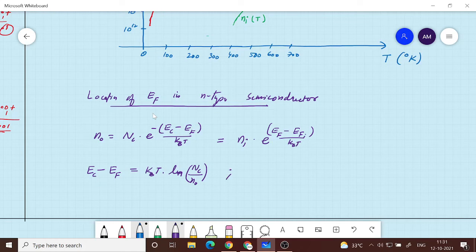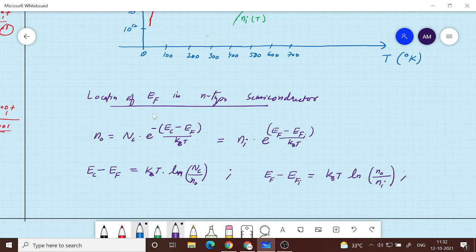Or I can specify EF with respect to how much it is above the intrinsic Fermi level, in which case I write kBT times the natural logarithm of N0 by Ni.